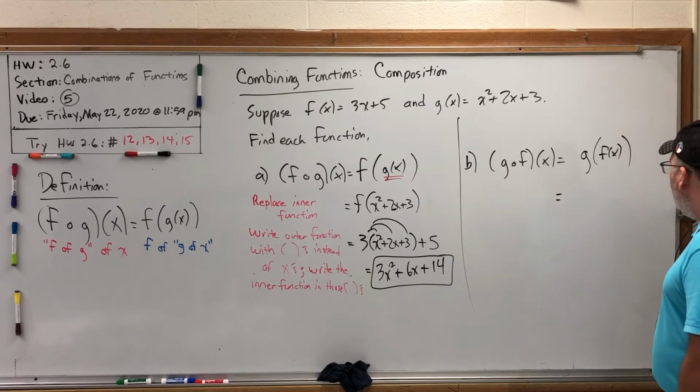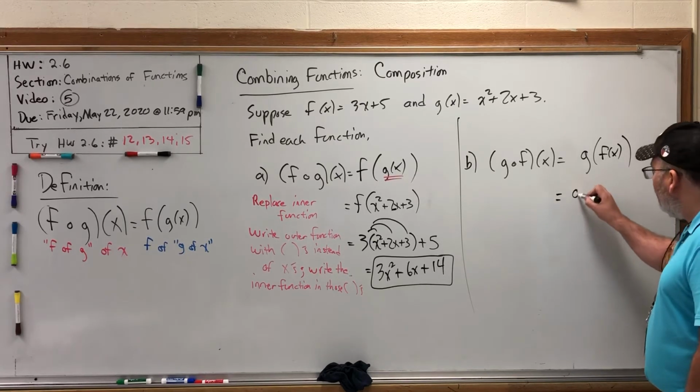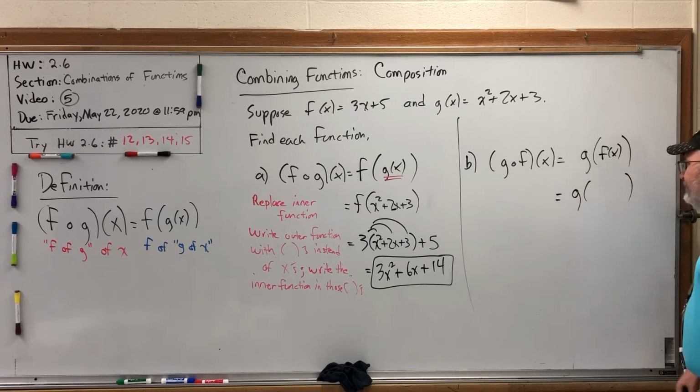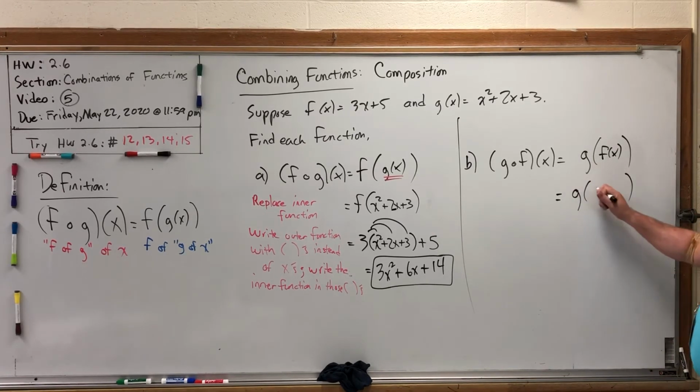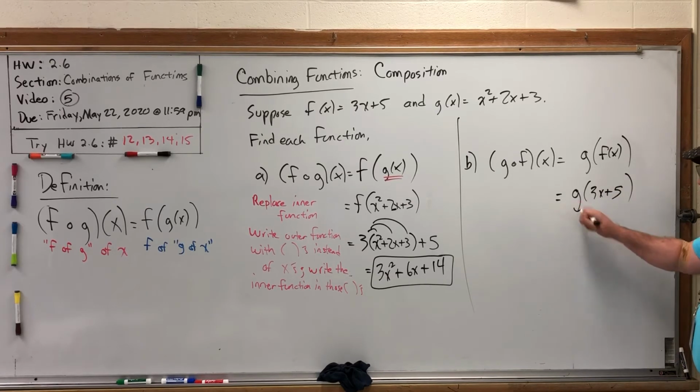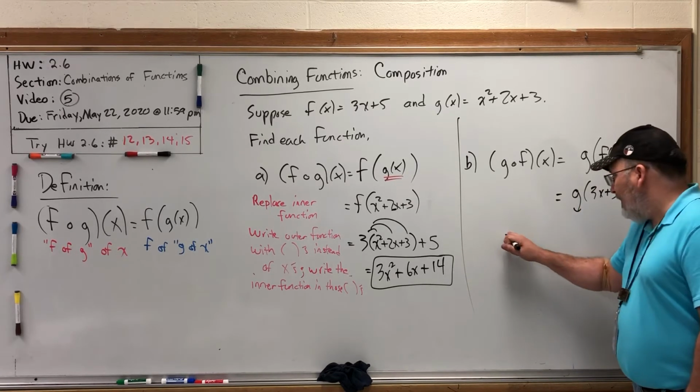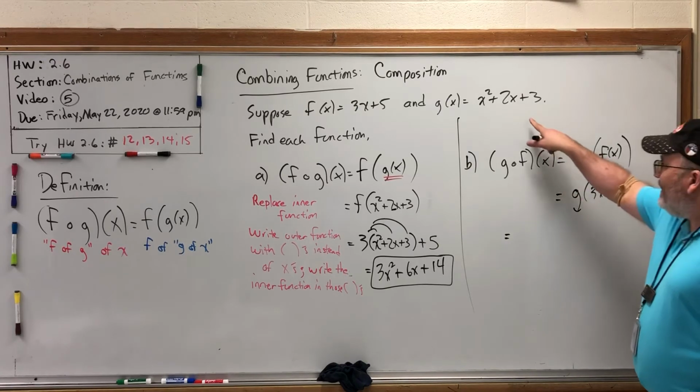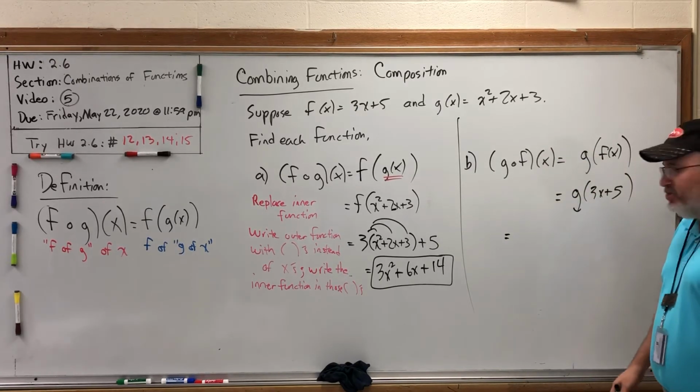And now, work inside out. Go to the inside and replace the inner function with what it equals. In this case, f of x is equal to 3x plus 5. Now it's time to work the outer function. For the outer function, we write it, but change each x to parentheses.